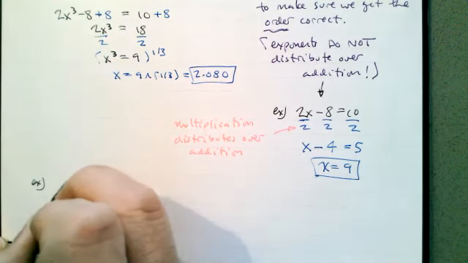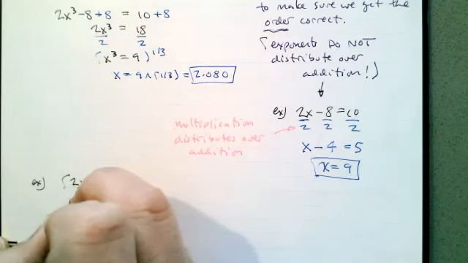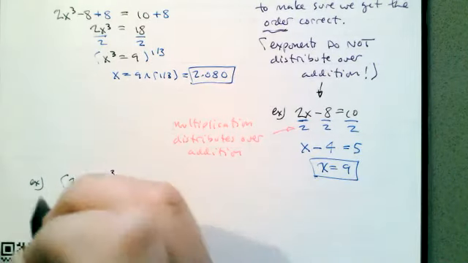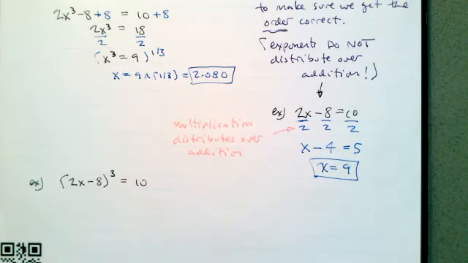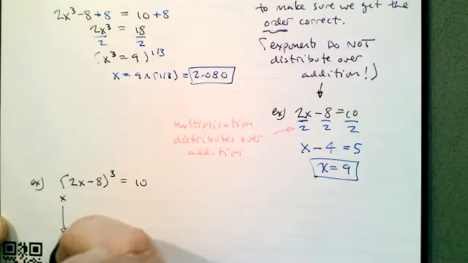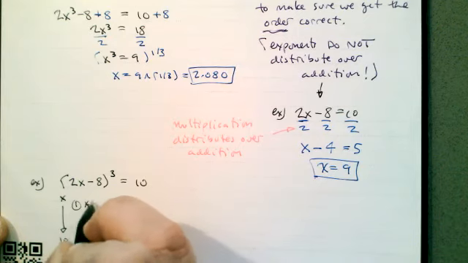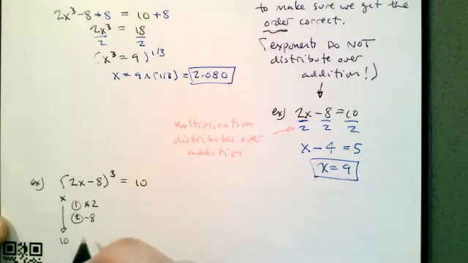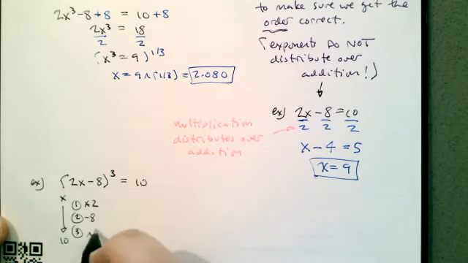But if I have an expression that says, say, 2x minus 8 cubed equals 10, this expression uses the same 3 operations, a third power, multiplication by 2, and subtracting 8, to turn an x into a 10, but it does it in a different order. To turn an x into a 10 in this expression, first we multiply by 2, then we subtract 8, and now that we've taken care of those two things, third, we raise to the third power.